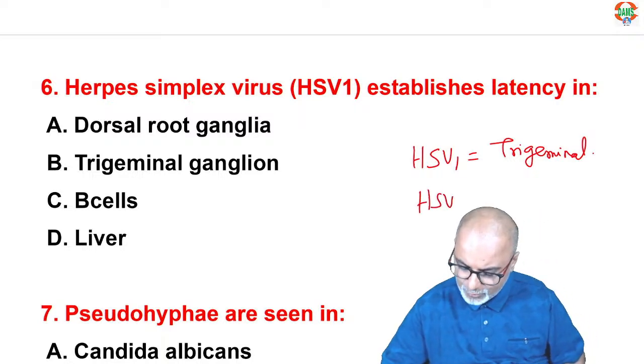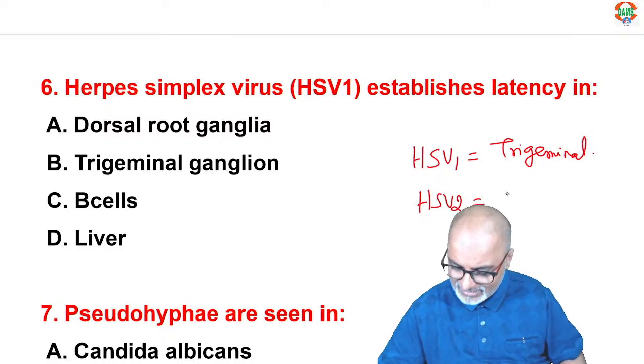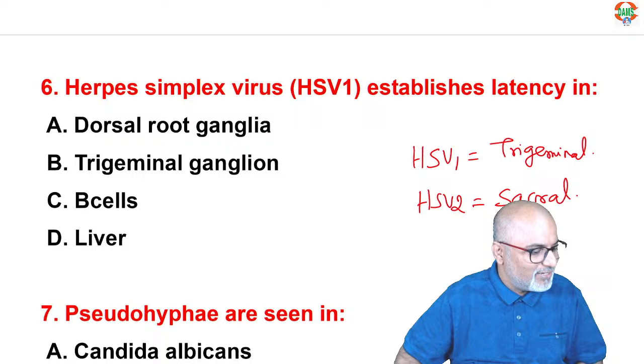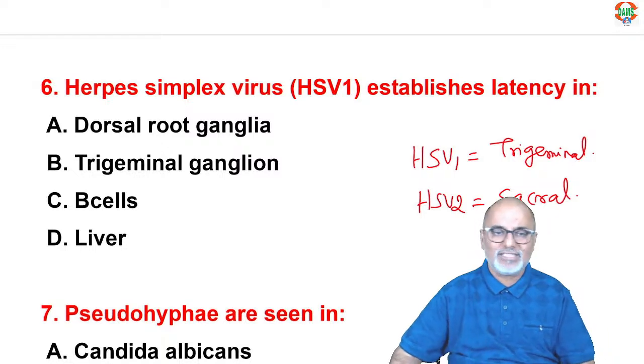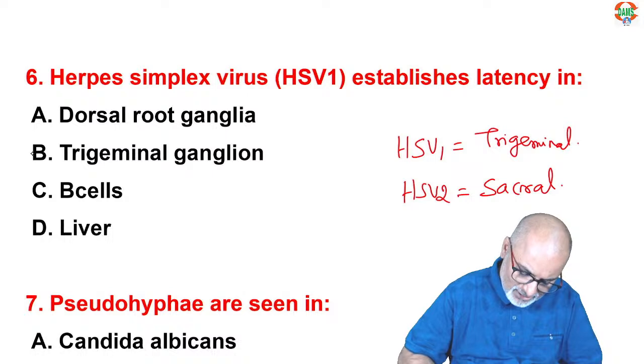Herpes simplex 2 is below the waist, genitals, sacral ganglia. Trigeminal, sacral. Very good, Dr. Deepa, Dr. Nikesh, Dr. Bhavana, beautifully answering.